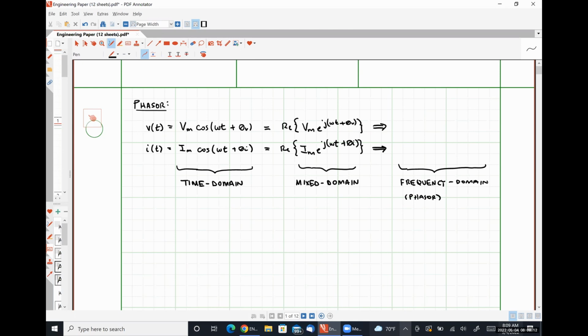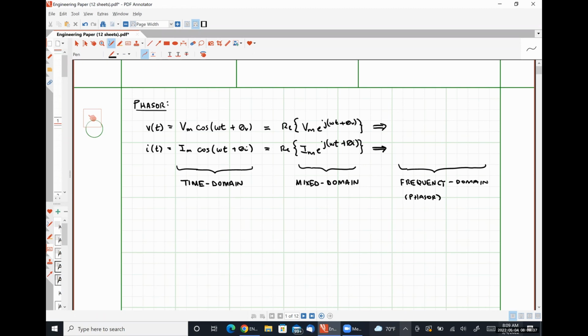So a phasor is simply a shorthand notation that electrical engineers have created in order to represent these time domain and in turn mixed domain signals, okay? They are complex numbers expressed in polar form, meaning that they have a magnitude and they have a phase angle.